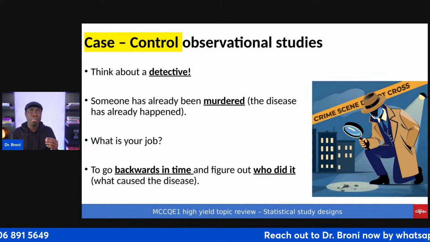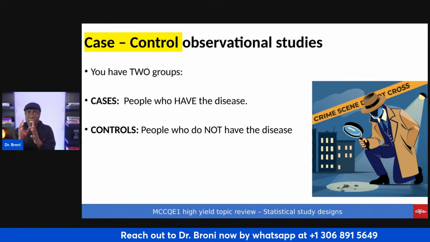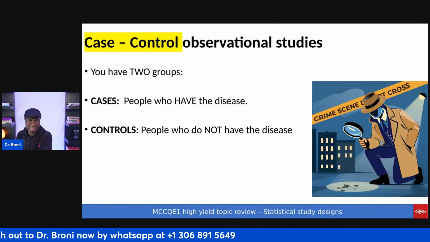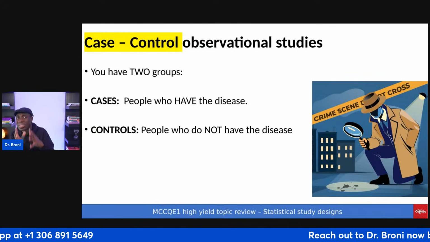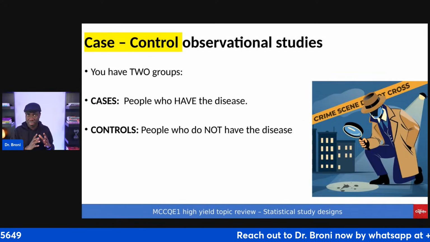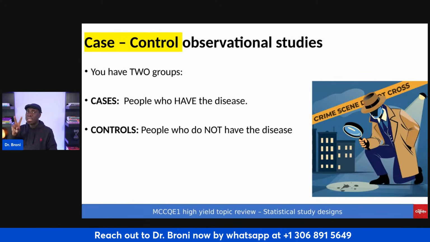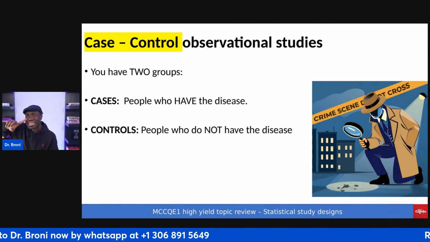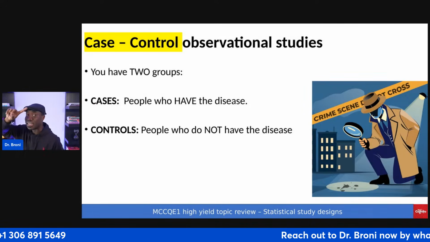Let's continue. So you are looking at 2 groups. You have the cases, that is those who have had the disease, and you have the controls, those who do not have the disease. Remember, case control studies, I'm looking backward. In case control studies, there are 2 groups of people. We have the cases and the controls. The cases are the people who have the disease.